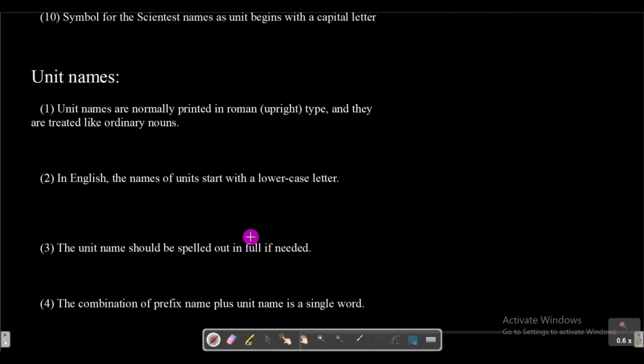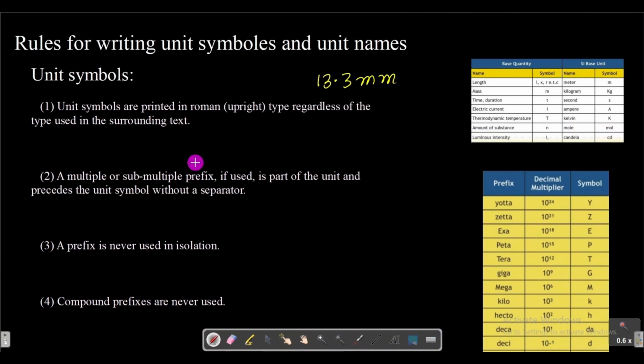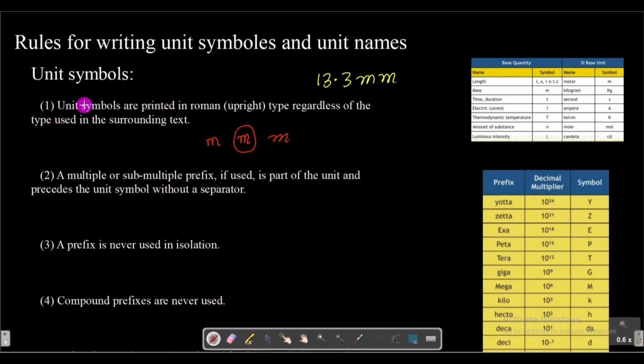If you master these rules, then there will be no confusion about the unit names. So let's start with the unit symbols. In the first rule, they said that the unit symbols must be printed in the upright form. So among these three, you will select this upright form, meaning that the unit symbol must be in this form.